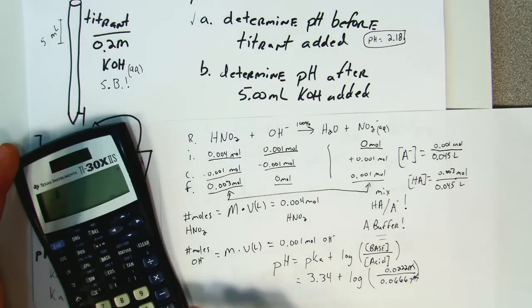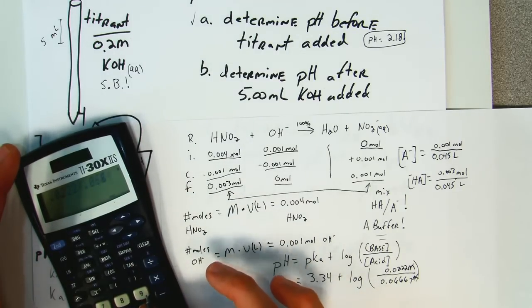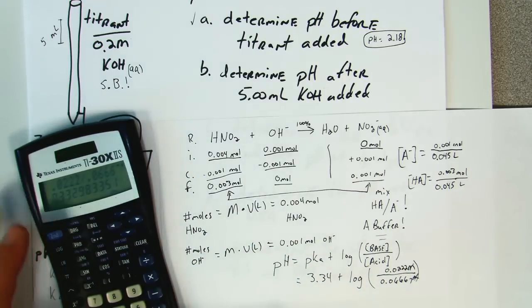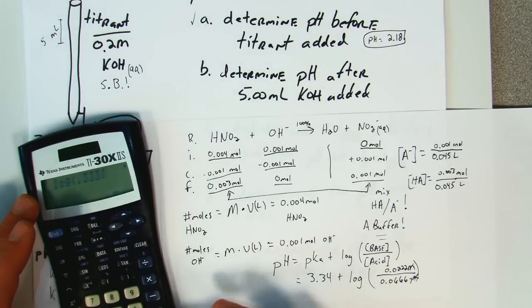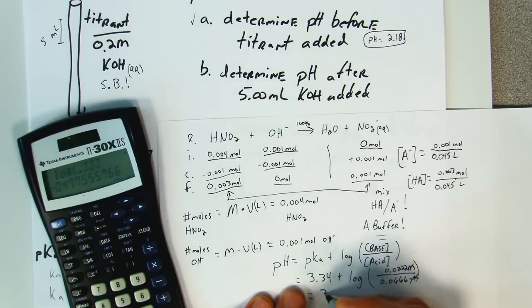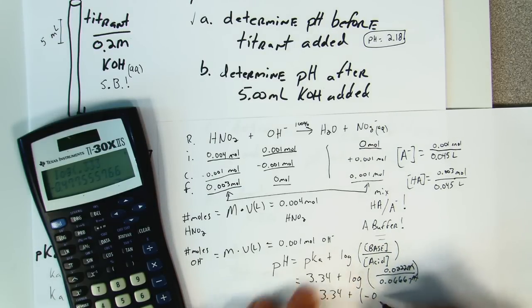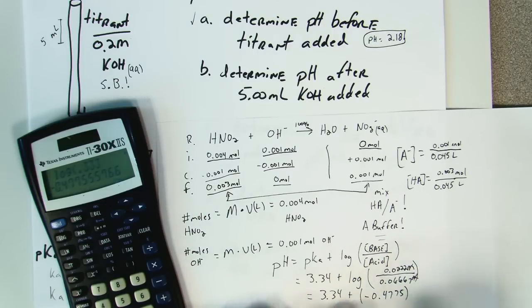So the molar units cancel, and I have 0.0222 divided by 0.06667, about 0.33. So I take the log of 0.333, and my mathematics reduces down to adding 3.34 plus negative 0.4775.